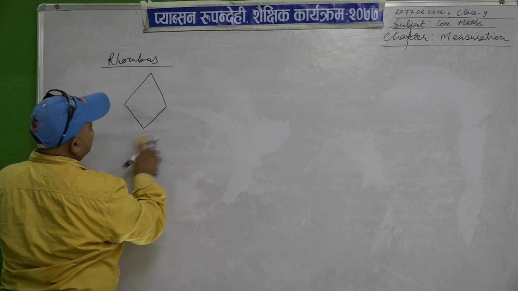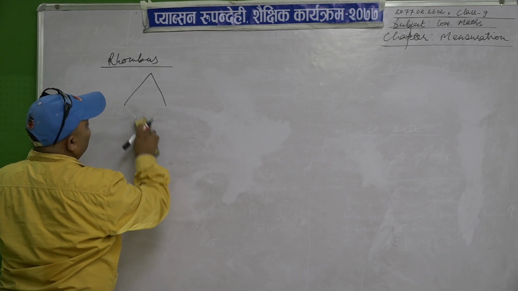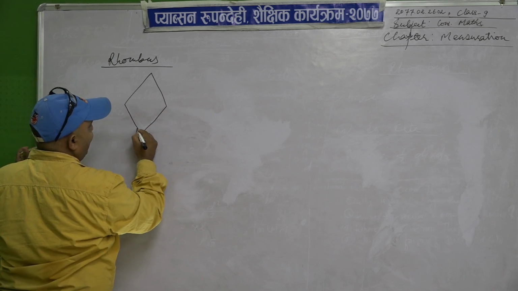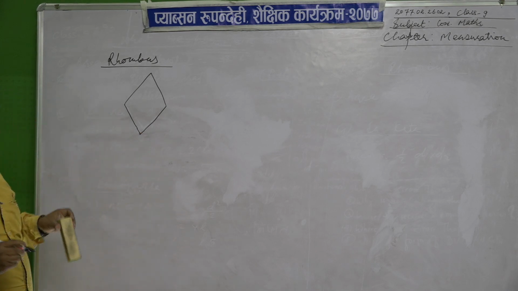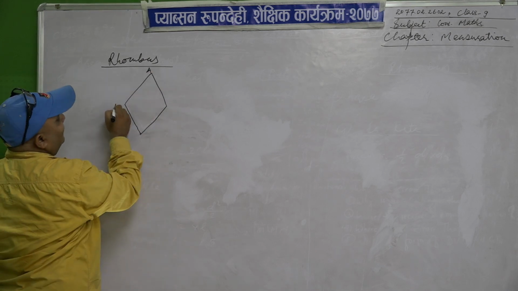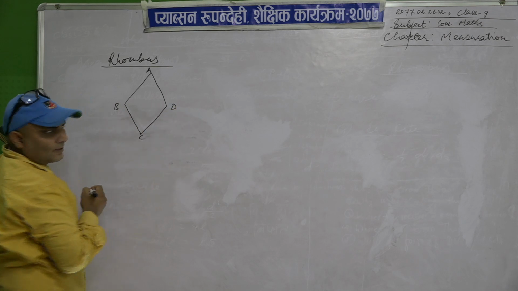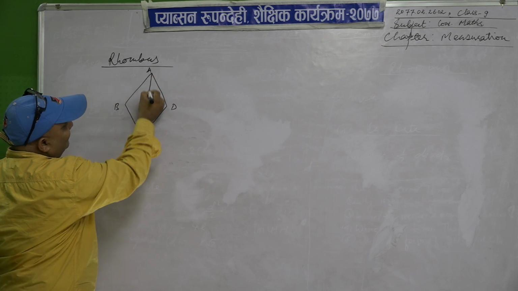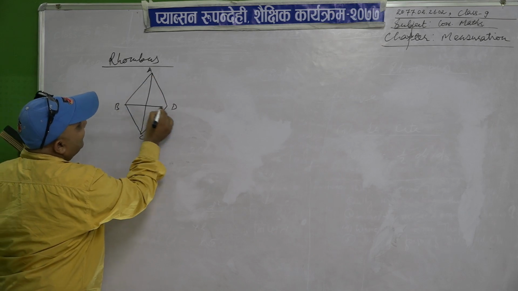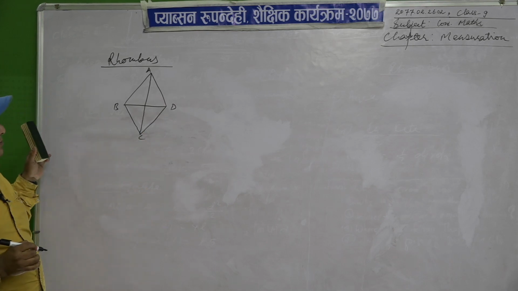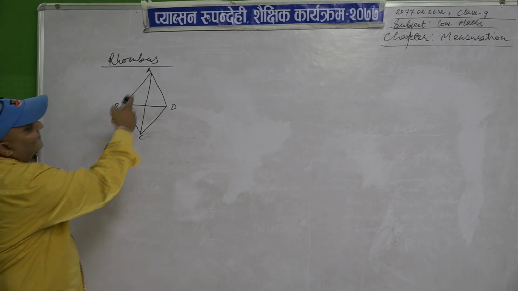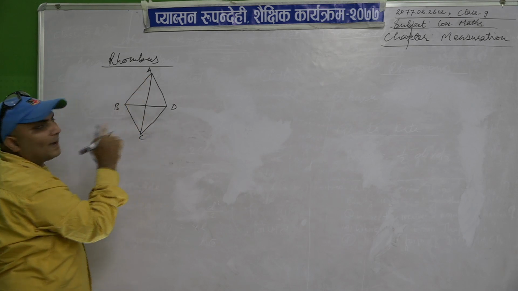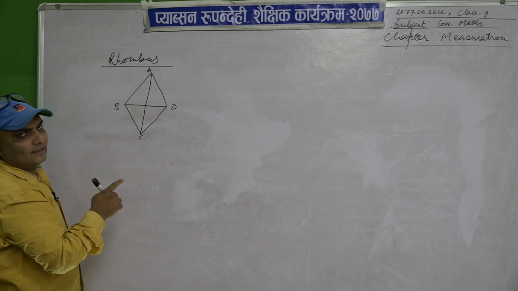Suppose this is rhombus, and rhombus is a parallelogram of which all sides are equal. We have discussed the properties of rhombus: the diagonals of rhombus are not equal, but the diagonals of rhombus bisect each other at right angle.